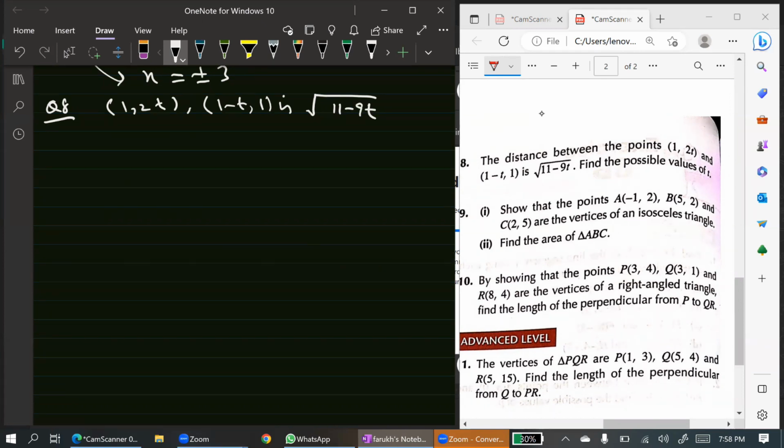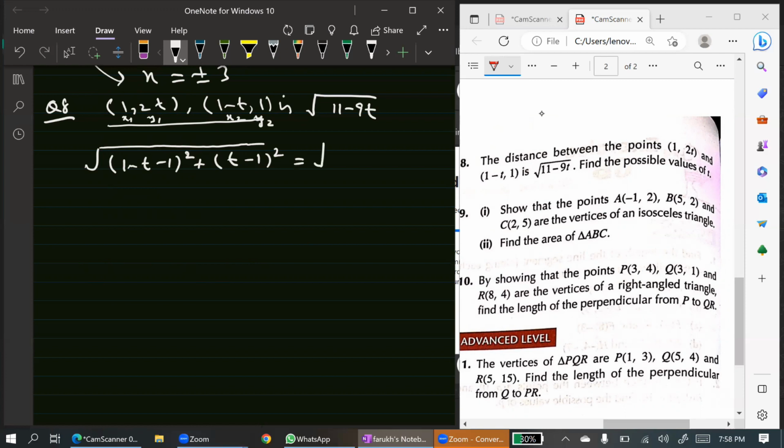Now we will apply the distance formula on these 2 points, x1 y1 and x2 y2. 1 minus t minus 1 whole square, plus t minus 1 whole square is equal to 11 minus 9t.